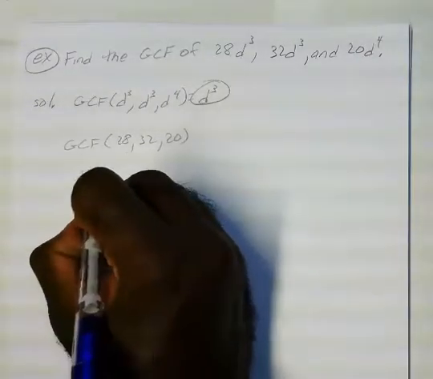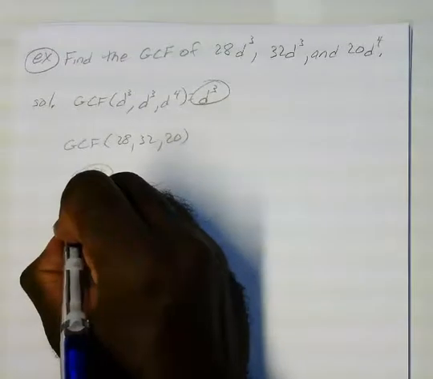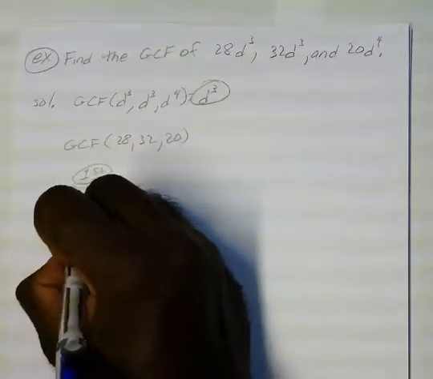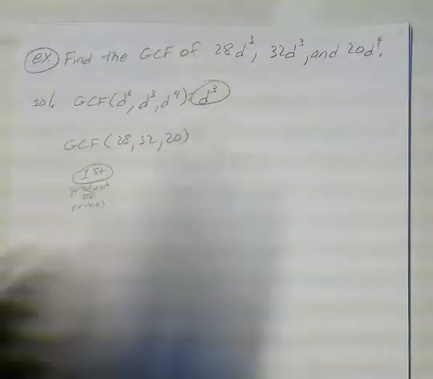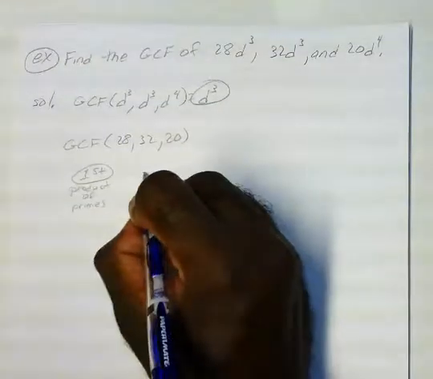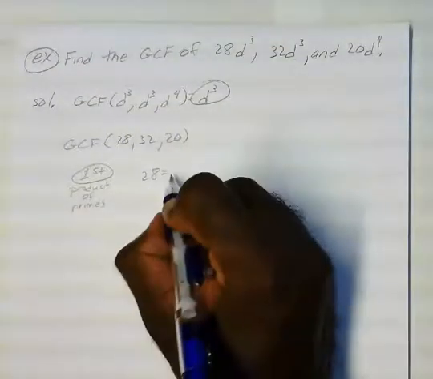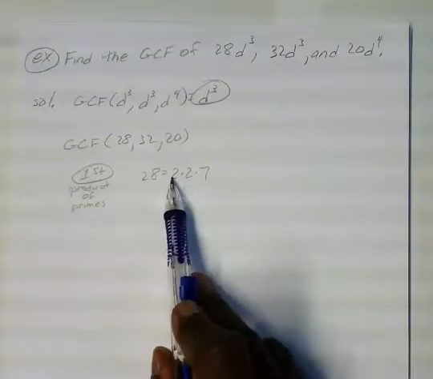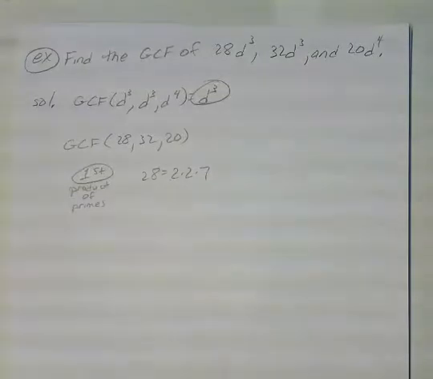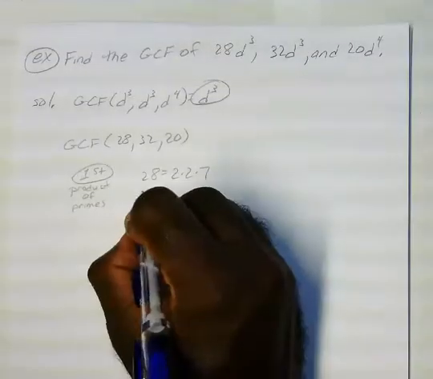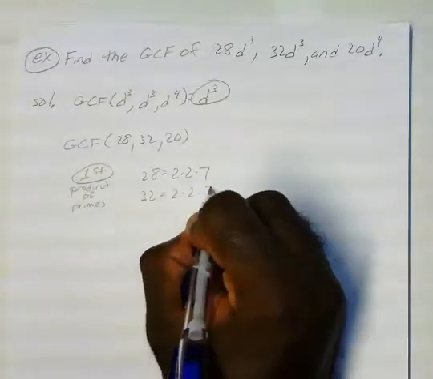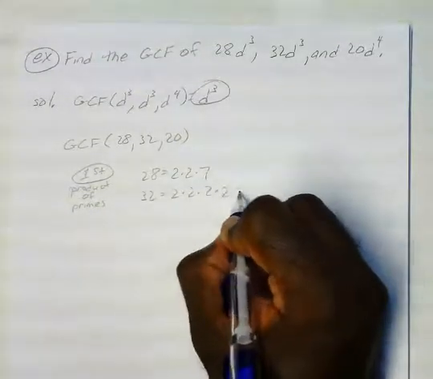Okay, so you have your first step, which is the product of primes. If you did your factor tree, you will see that 28 is equal to 2 times 2 times 7, or 4 times 7, and the 4 is factored down. 32 is equal to 2 times 2 times 2 times 2 times 2.